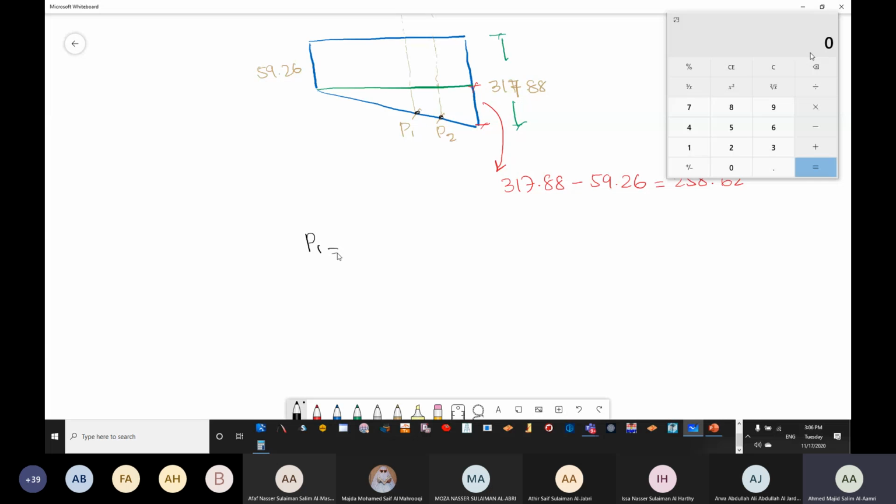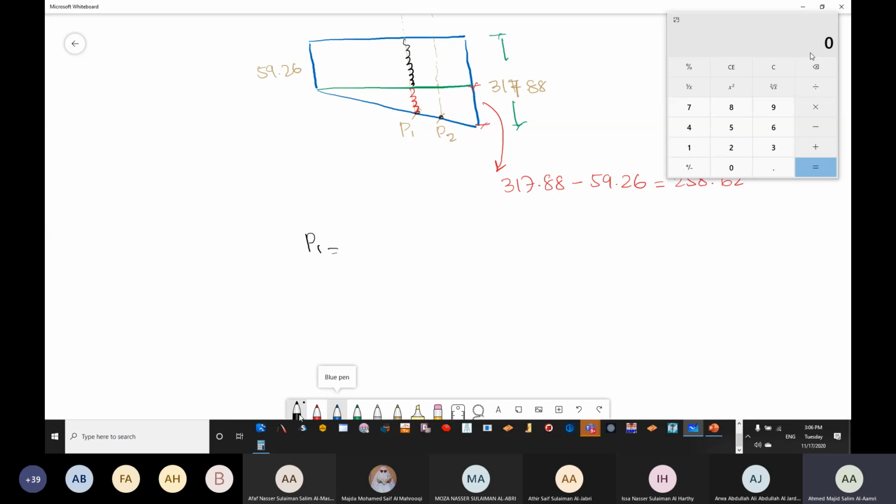Do you agree that P1 is equal to the black color plus, let's say, the red color?